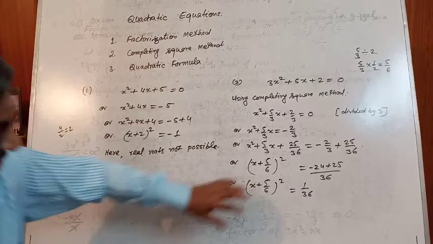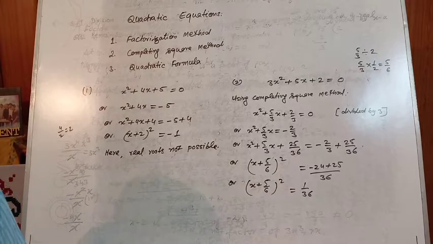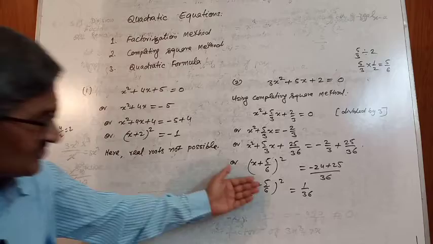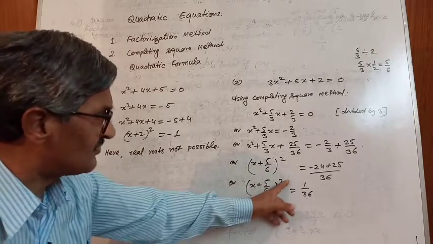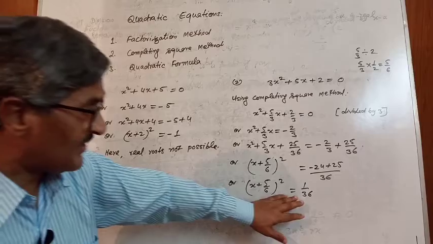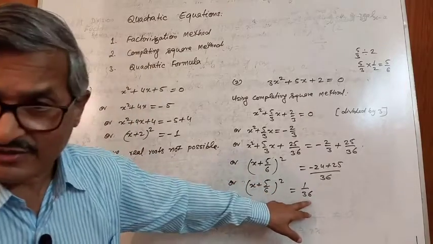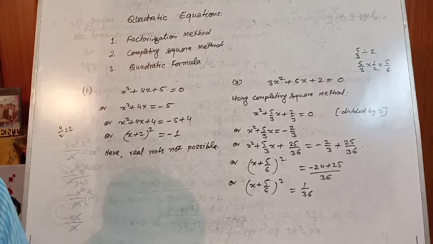What we have to do is find the square root of both sides. The square root of this will cut the square, and the square root of this we can find. Since this is the square of some number, there will be negative and positive two roots.